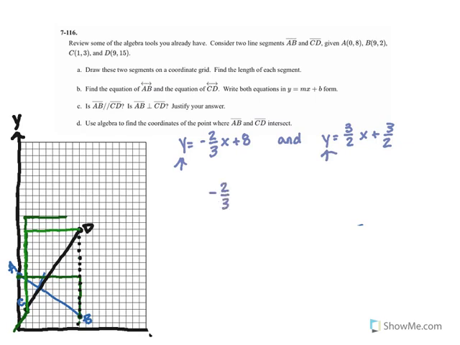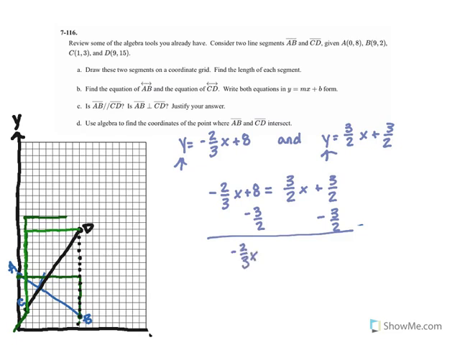So we're going to do negative 2/3 x plus 8 equals 3/2 x plus 3/2. I am going to first start by moving either the 3/2 at the end or the 8 at the end. It's going to be easier to move the 3/2, so let's do minus 3/2.